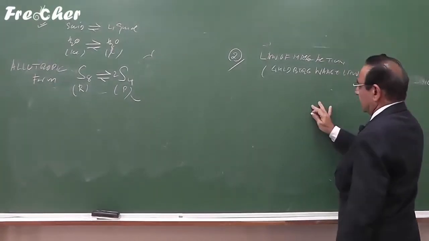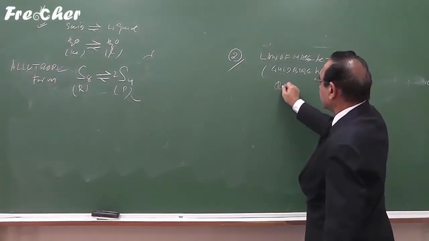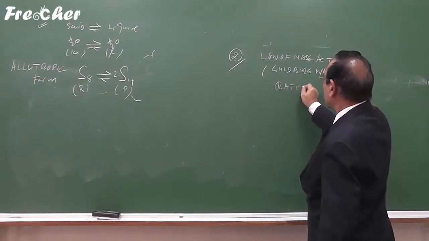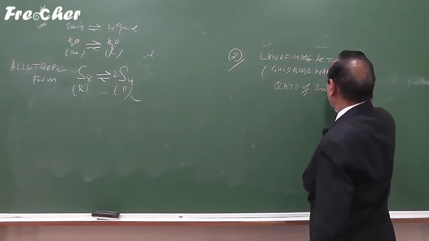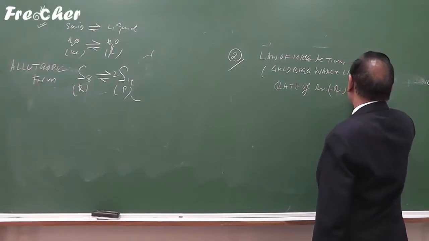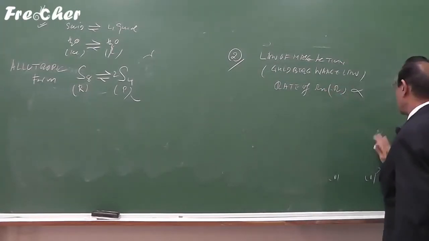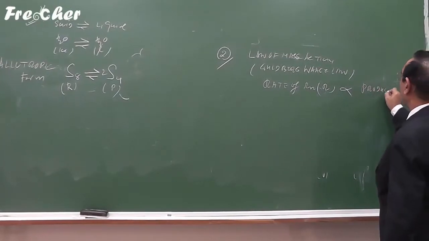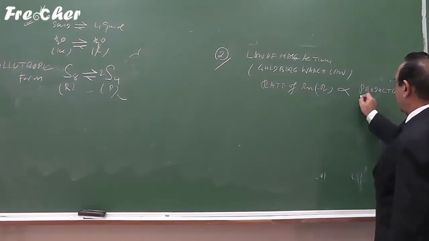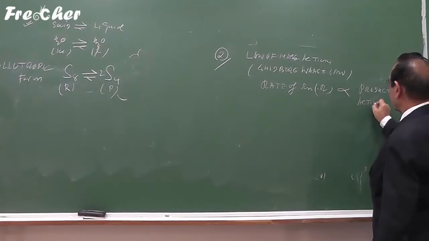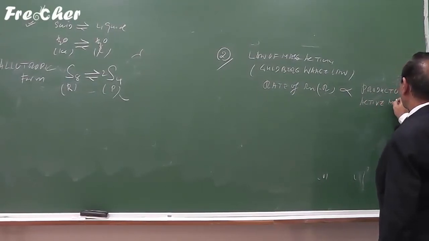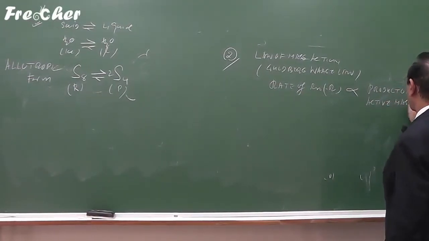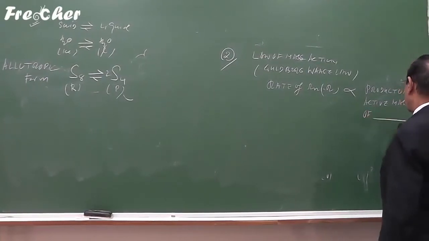What it says: rate of reaction R is directly proportional to the product, meaning multiple, of active masses of reactants.